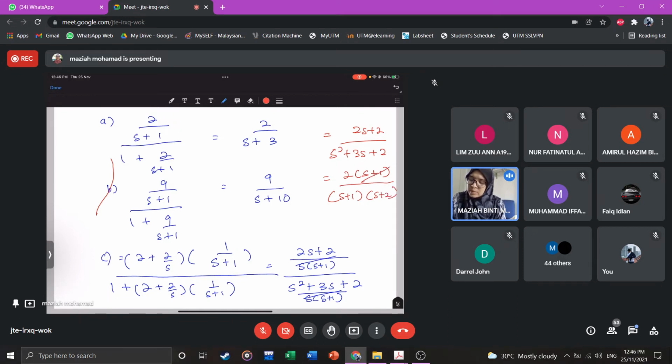We can cancel that. So lastly, the transfer function becomes 2 over S plus 2. That is the closed loop transfer function for the PI controller.